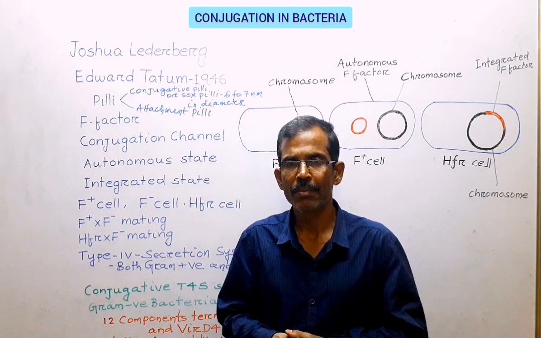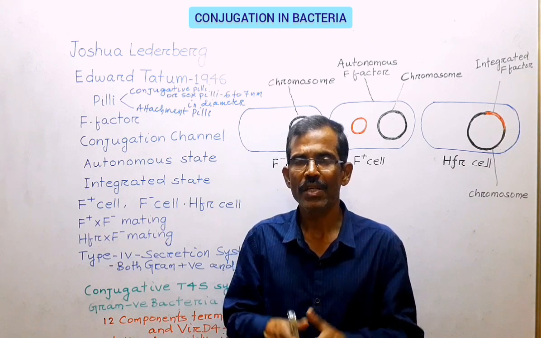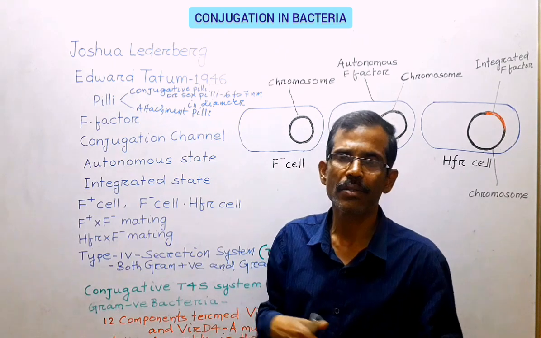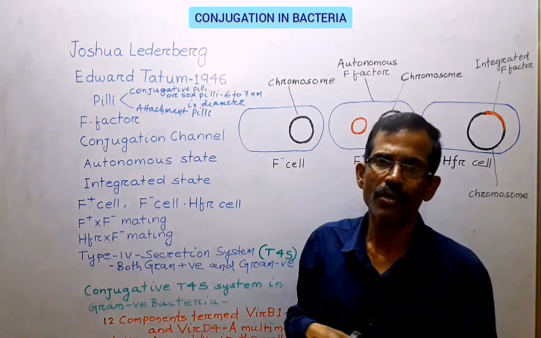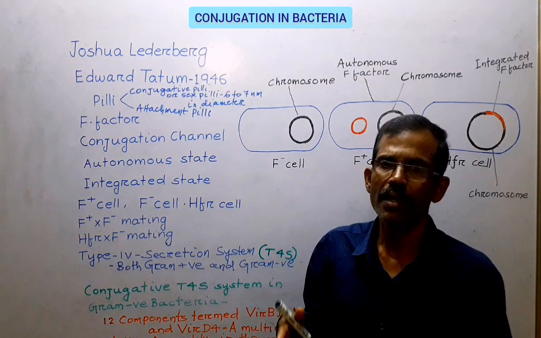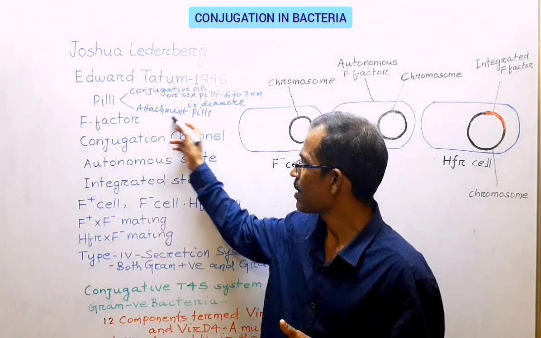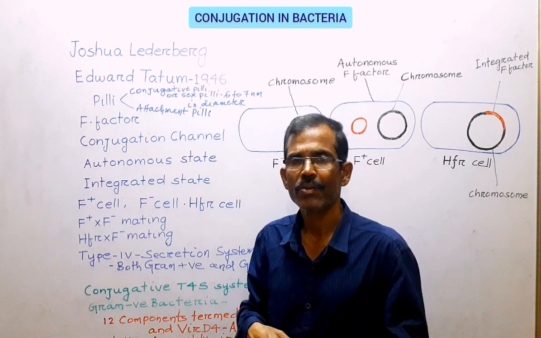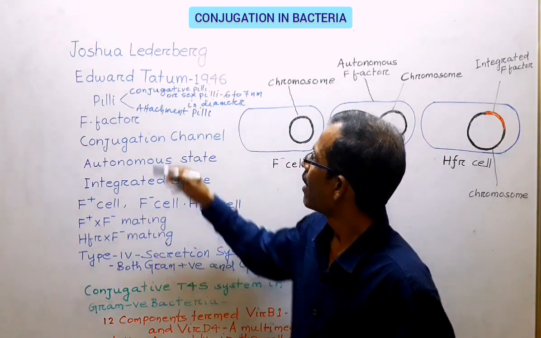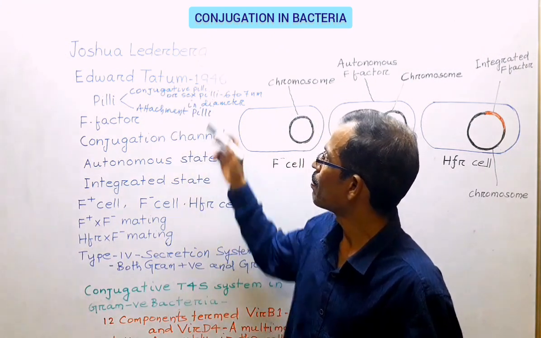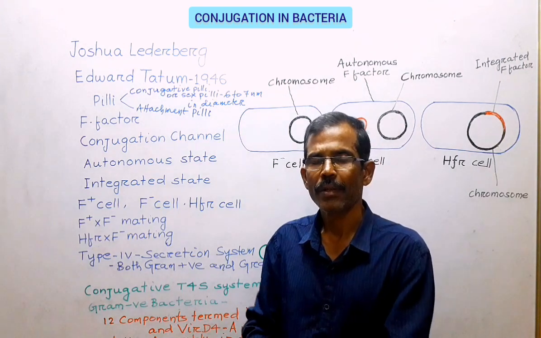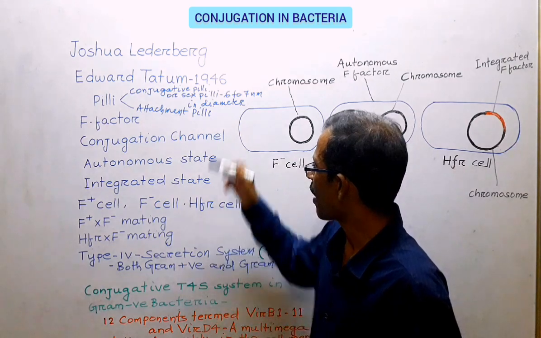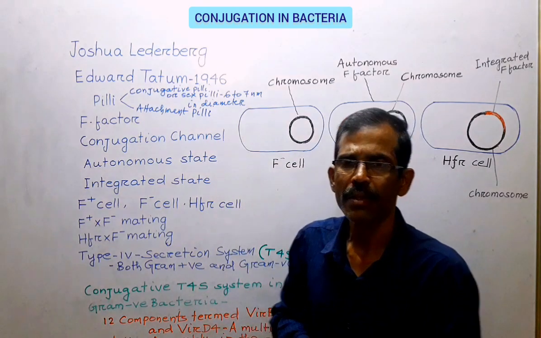Donor bacteria have cell surface appendages called pili, singular pilus. On the basis of function, pili can be divided into two groups: attachment pili that help in the attachment of bacteria to different surfaces, and conjugative pili or sex pili that mediate conjugation. Its diameter is from 6 to 7 nanometers.